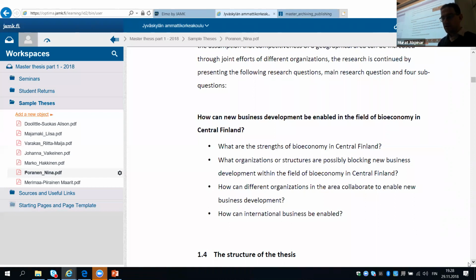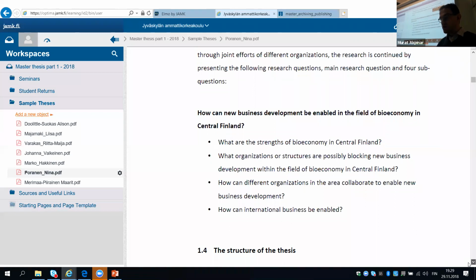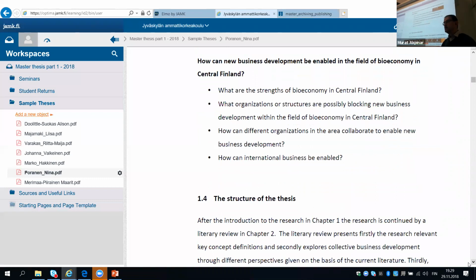It raises some question marks, as there are too many sub-questions. And remember my earlier comment? She's leaving it there. There is no mentioning of how she is planning to answer those research questions.